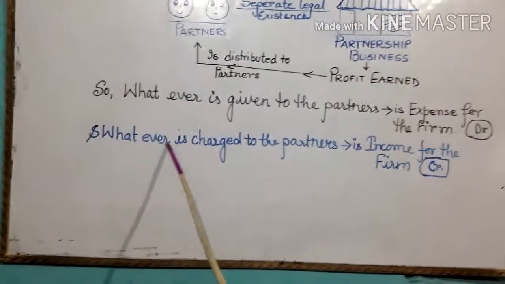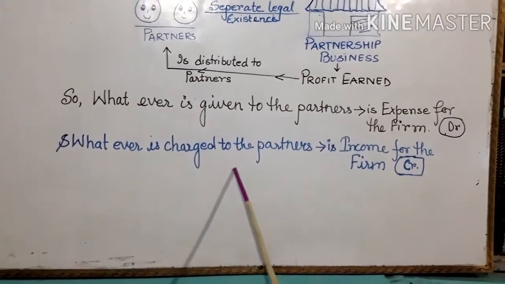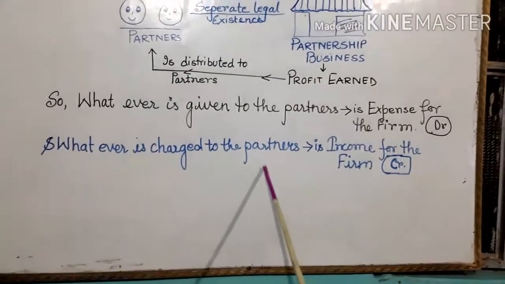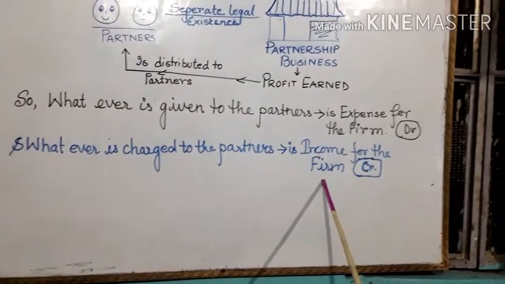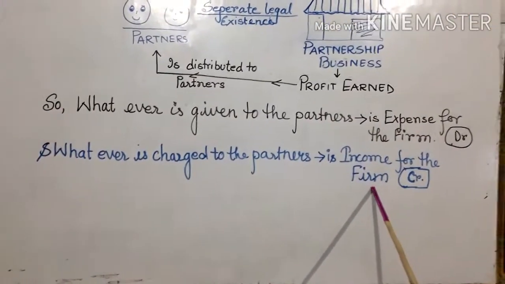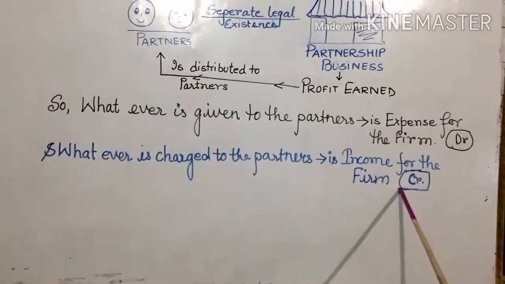And whatever is charged to the partner, that is whatever the partner has to give to the firm, is income for the firm because something is coming in. So this income will be credited.